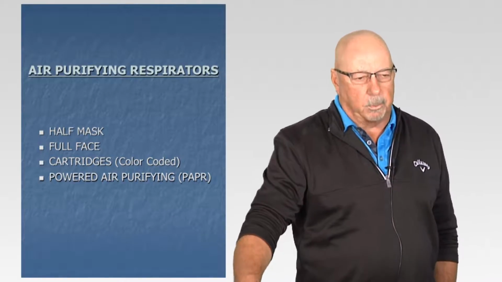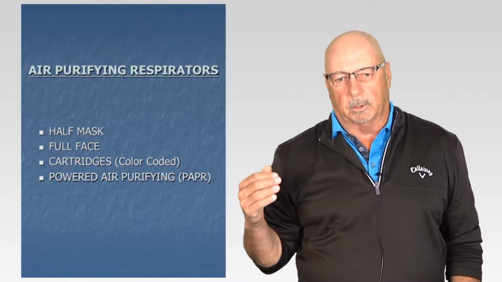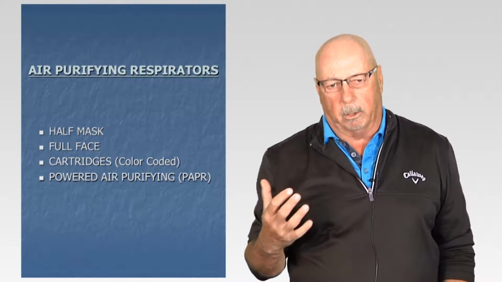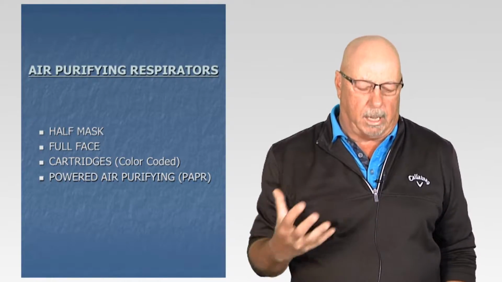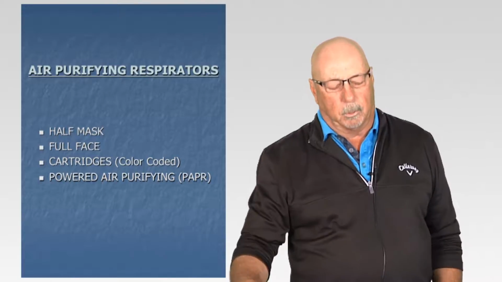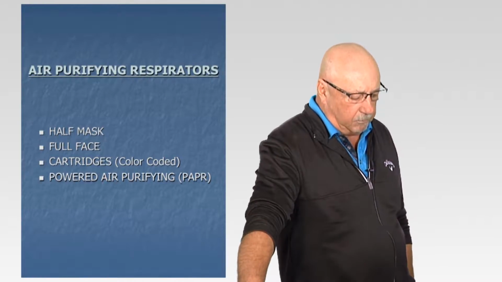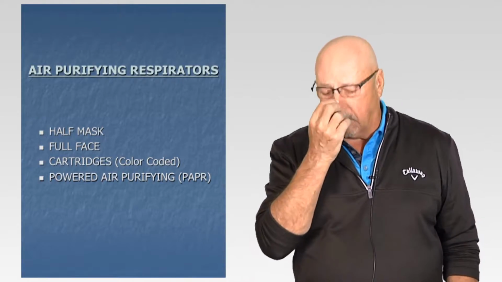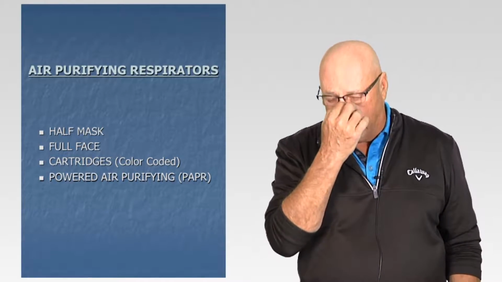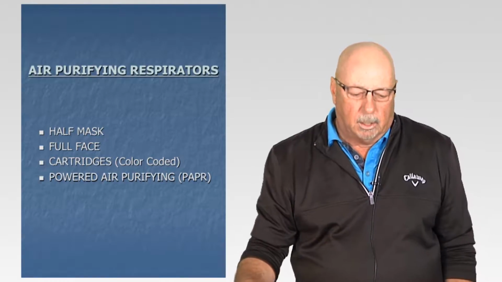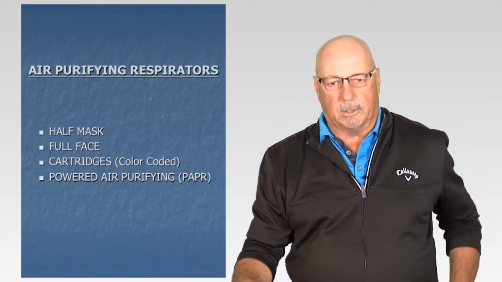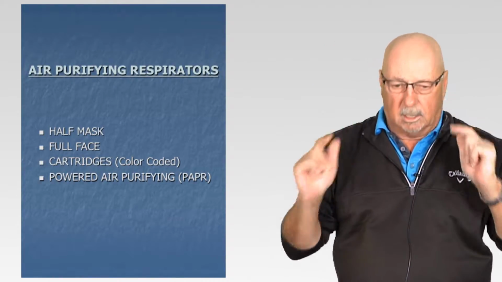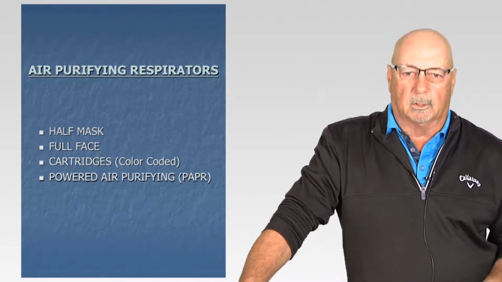Air purifying respirators are basically those respirators that, when worn properly, are going to purify the air that passes through the respirator. And that respirator can be in the form of a half mask, which covers only half of the face, basically the area above the nose and the mouth. Or you can have a full face mask, where it covers not only the face and mouth, but also the eyes.